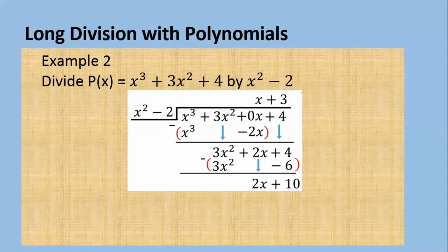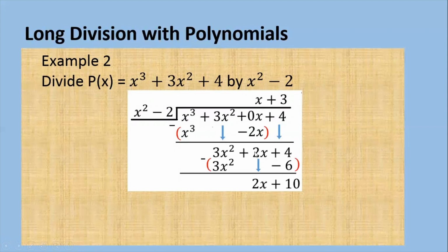And then we need to subtract. So 3x squared minus 3x squared, that's 0. 4 minus negative 6, you've got a minus here as well, so that's plus 10.